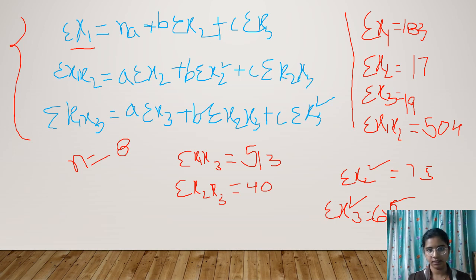And A sigma x2 is 17. Sigma x2 square is 75. Sigma x2 x3 is 40, and sigma x1 x2 is 504. Sigma x3 is 19. Sigma x2 x3 is 40. Sigma x3 square is 65. And sigma x1 x3 is 513.